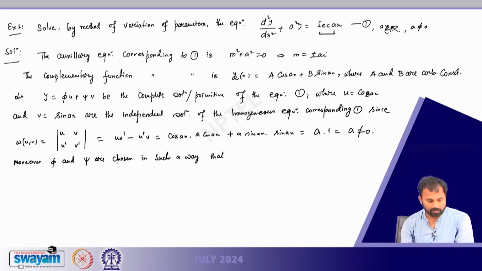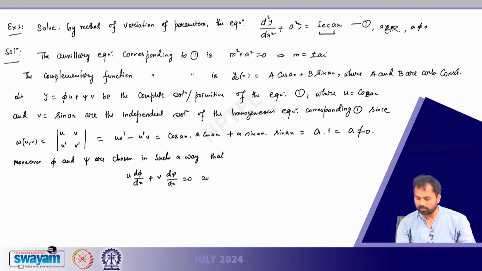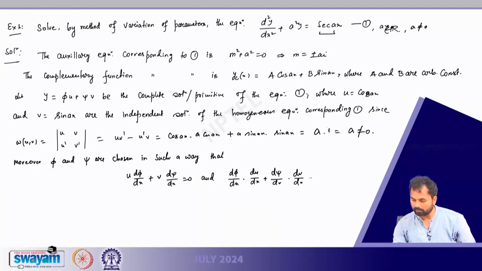So, u into d phi by dx plus v into d psi by dx must be equal to 0, and what was the second equation? The second equation is d phi by dx into du by dx plus d psi by dx into dv by dx equals capital X.